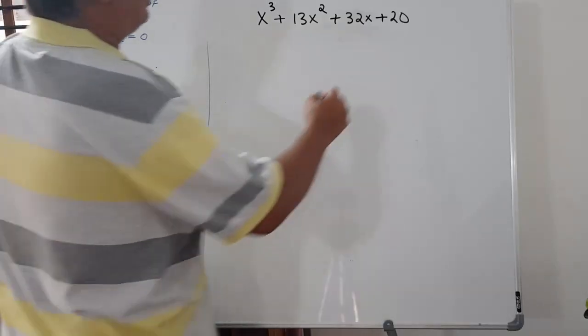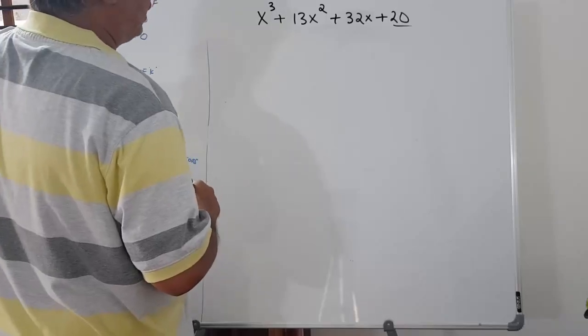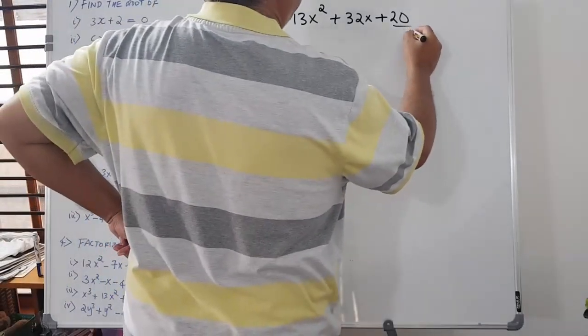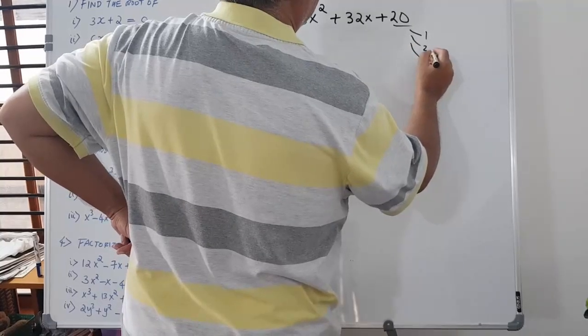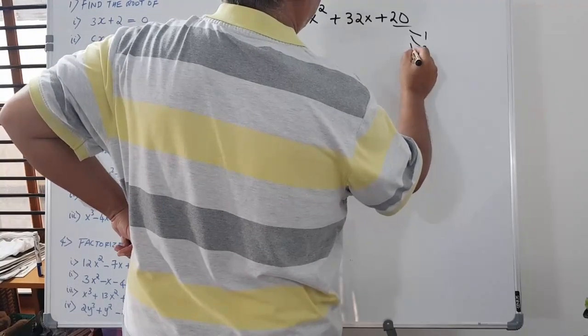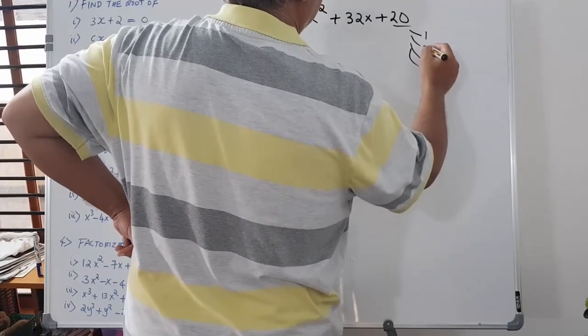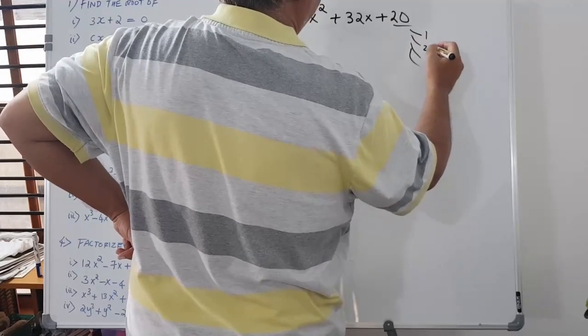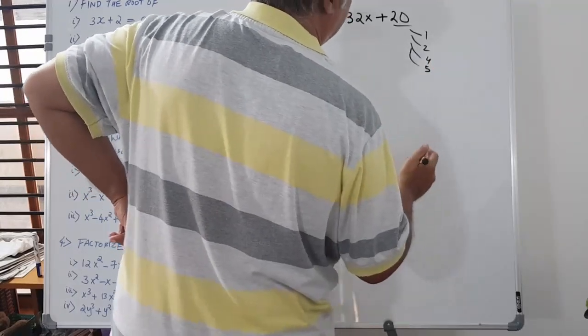For a cubic term, you need to find the factors of 20, the last term. What are the factors? It could be 1, 2, 4 or 5, because 2 10s are 20, 4 5s are 20, 5 4s are 20.